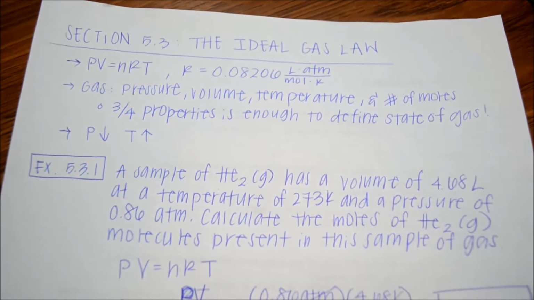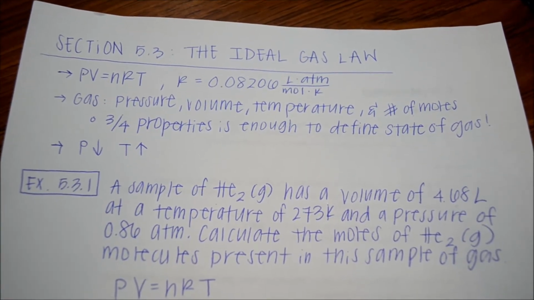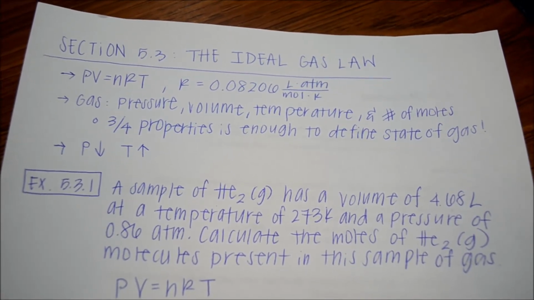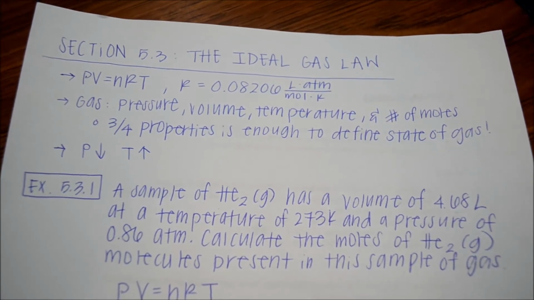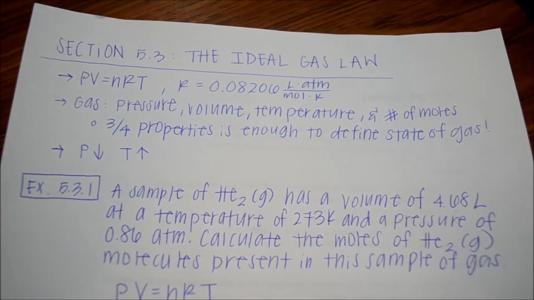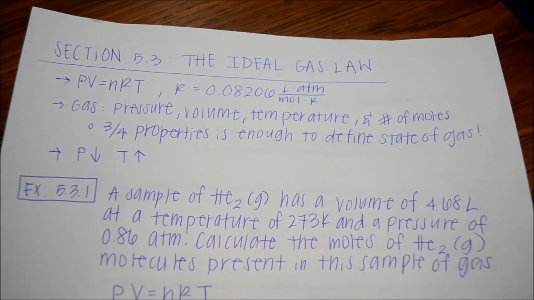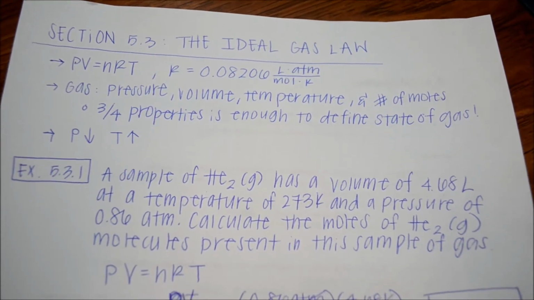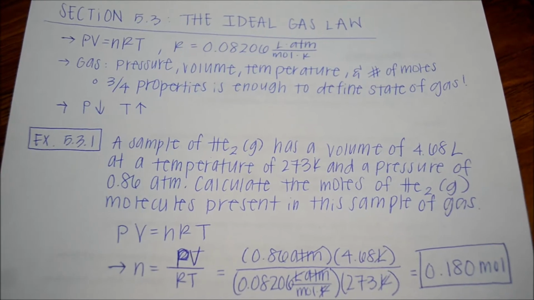Here's an example problem using the ideal gas law. A sample of helium gas has a volume of 4.68 liters at a temperature of 273 Kelvin and a pressure of 0.86 atm. Calculate the moles of He molecules present in the sample of gas. So the equation is PV equals nRT, and you're trying to solve for the moles of gas.